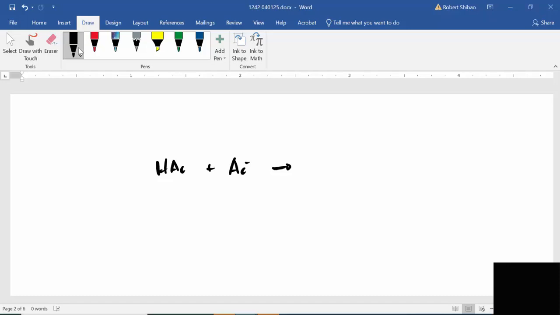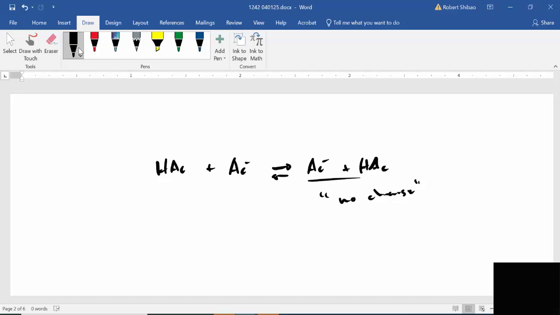What forms here is acetate and acetic acid. And then we go, hey, there was no change. I should say no change. There's always collisions. And so this is called chemical exchange. And there's always these collisions, but it doesn't lead to anything unique.